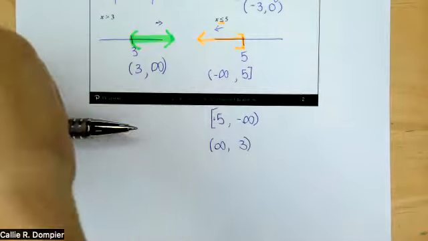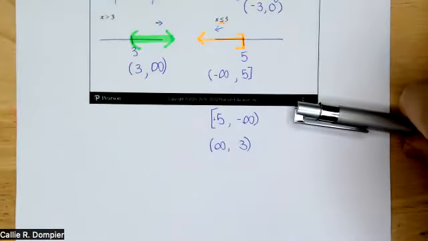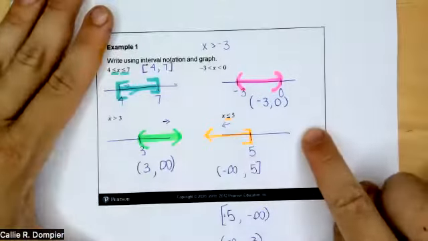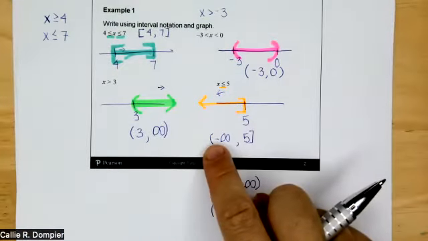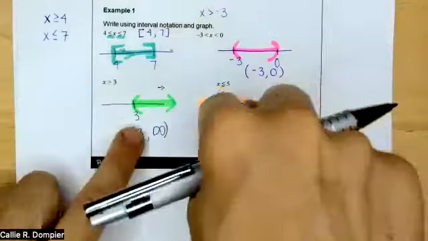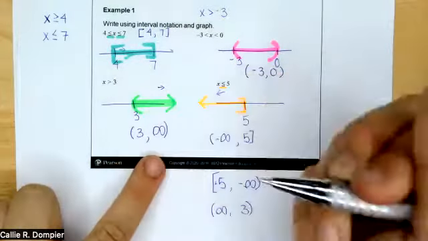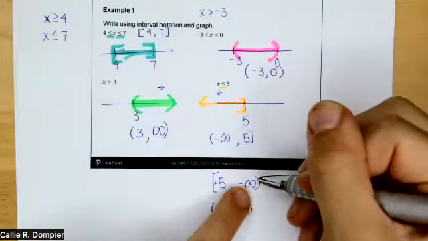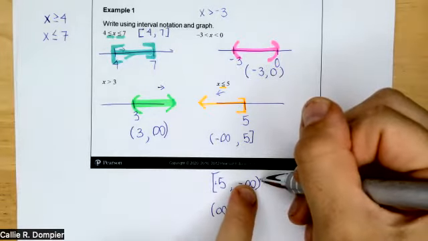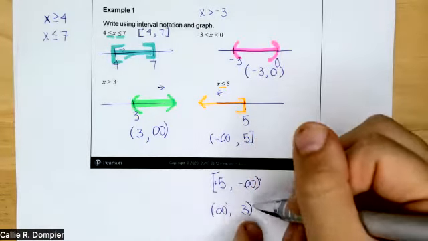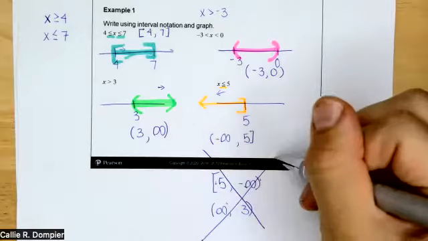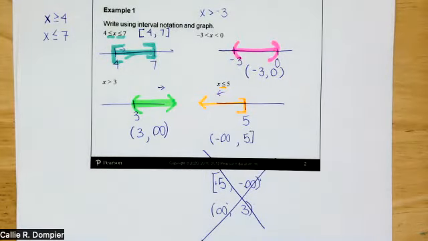It should always be from left to right on a number line, okay? So if I'm going from left to right on the number line, I'm always going to see negative infinity first. If I'm going from left to right on the number line, I'm always going to see infinity last, okay? So it's never going to be a number followed by negative infinity. It's never going to be positive infinity followed by a number. That cannot happen because we're reading it like we're reading a sentence in a book, left to right.